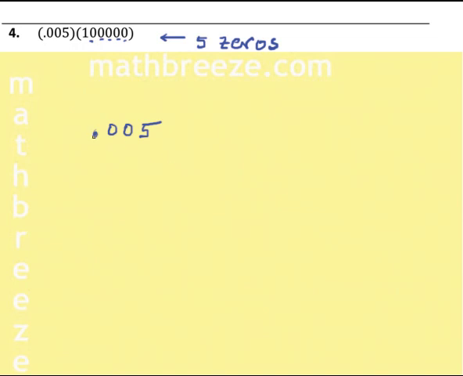So let's count 1, 2, 3, 4, 5. So our decimal is going to go right here. So we're going to have to fill in with 2 zeros to hold those places. So our final answer is 00500. Of course, we don't have to write these leading zeros because there's no decimal point here. So our final answer, our product, is 500.